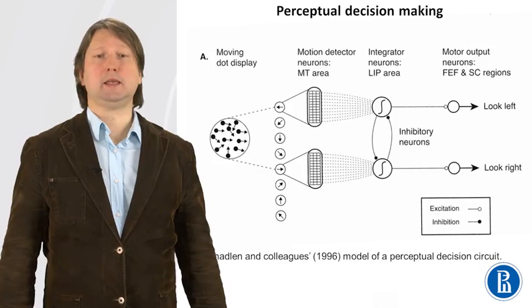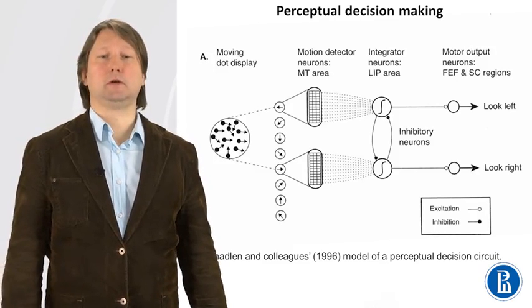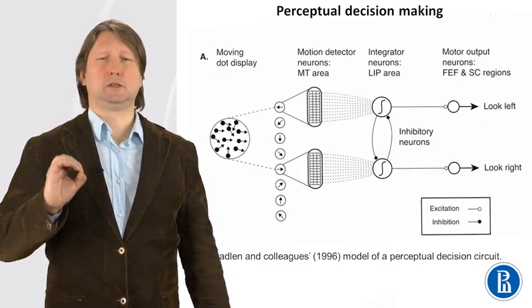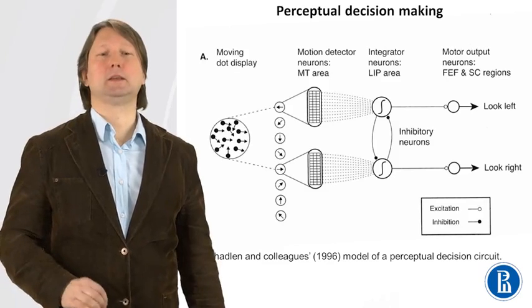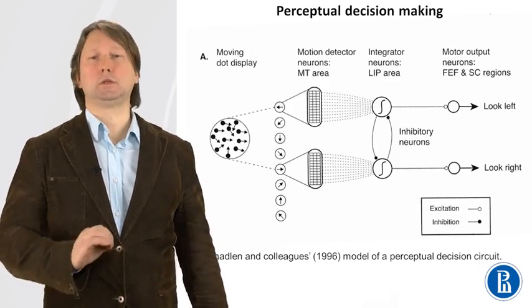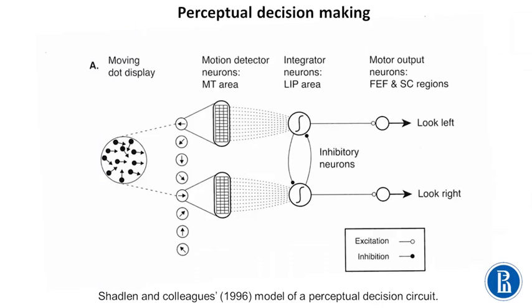Finally, if the activity of the integrators in the area LIP reaches a decision threshold, they activate neurons in the frontal eye field, and the animal switches the gaze in a certain direction. It's a relatively simple model, but it explains the decision-making process perfectly well.